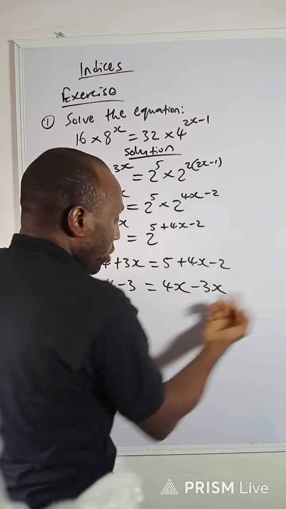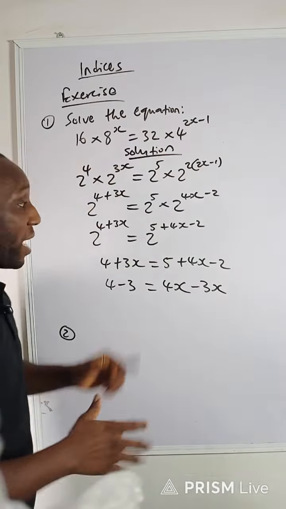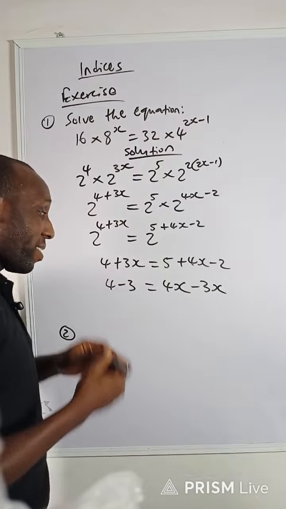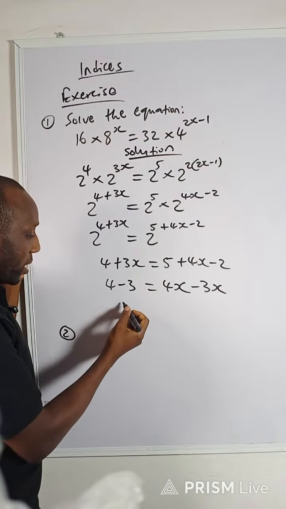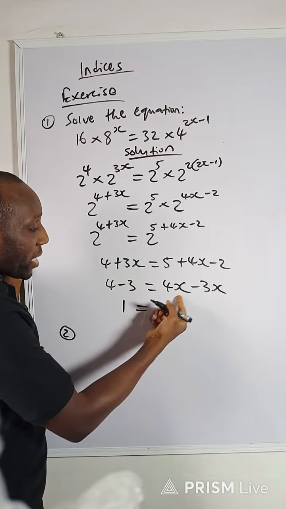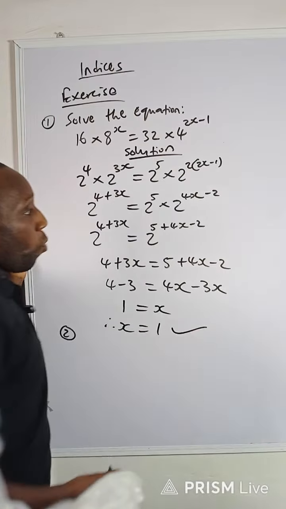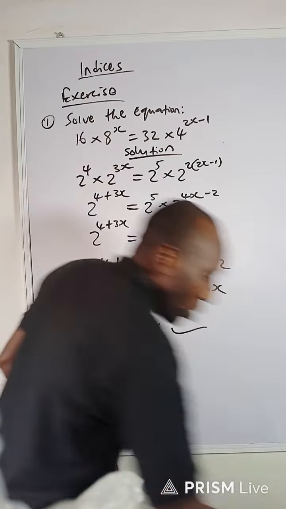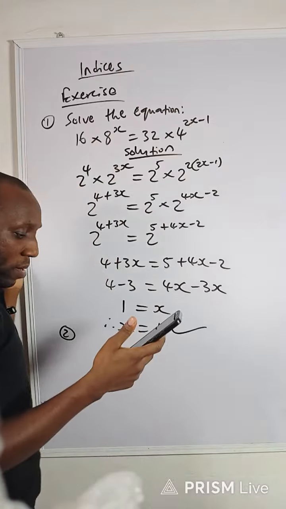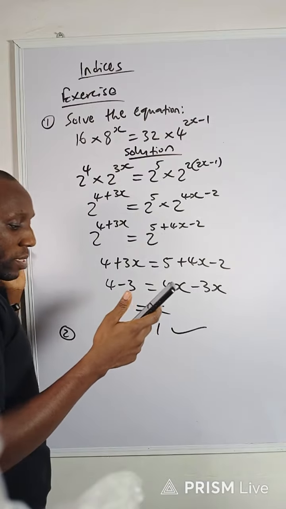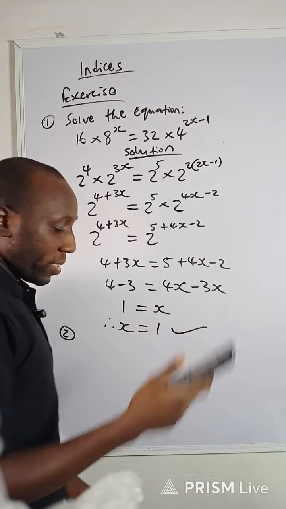Move it over to the right hand side, you have negative 3x. Anyhow you want to do it is fine. You will get the same answer, okay? 4 minus 3 is 1. 4x minus 3x is x. So the value of x is equal to 1. That person that said 1, kudos, well done. The answer is actually 1.